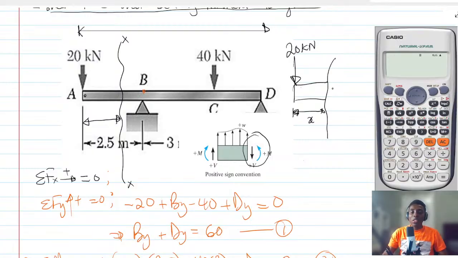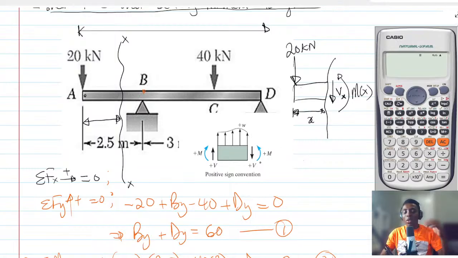So it means that the shear force is positive in this direction, but the bending moment, or let's say the internal force, will be in this direction. So basically, when you do the cut, the shear force will come down and then the moment will go the other way around. So now let's do it together.